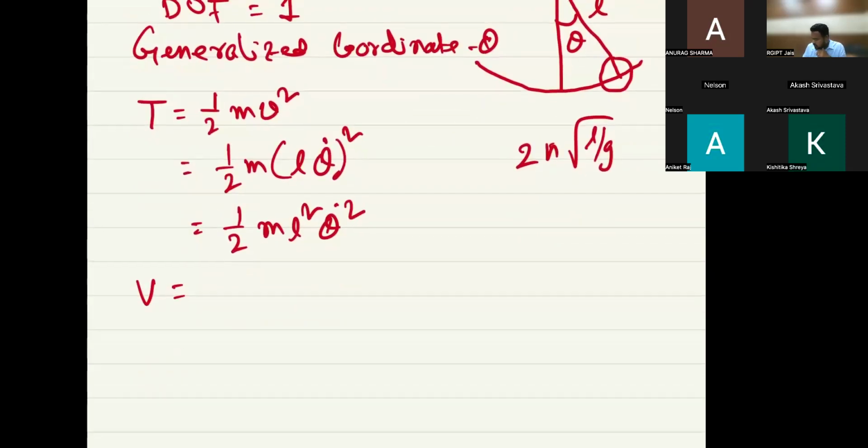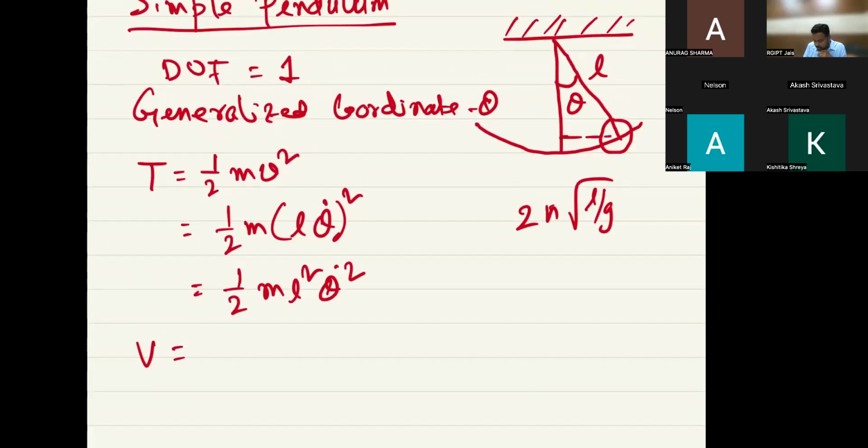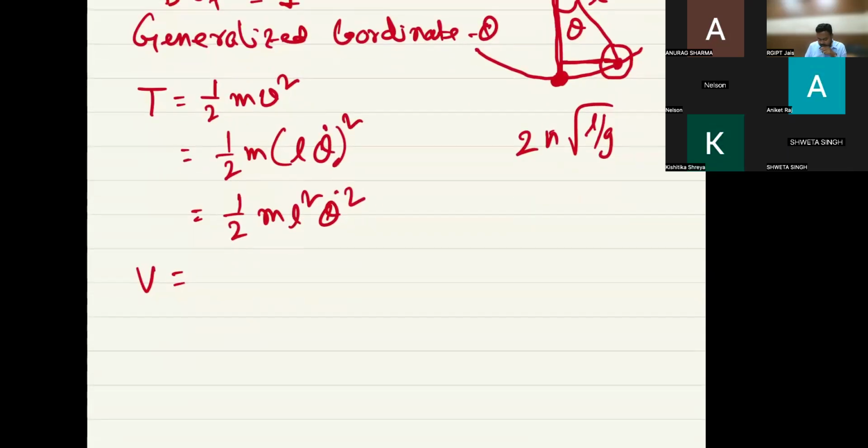Because ideally, when the system is at theta equal to 0, this is mgl, and this is theta, so this will be mgl cos theta, right? When the bob is at this position, that value is mgl, but the bob is at this angle theta, so this potential energy will be mgl (1 minus cos theta).